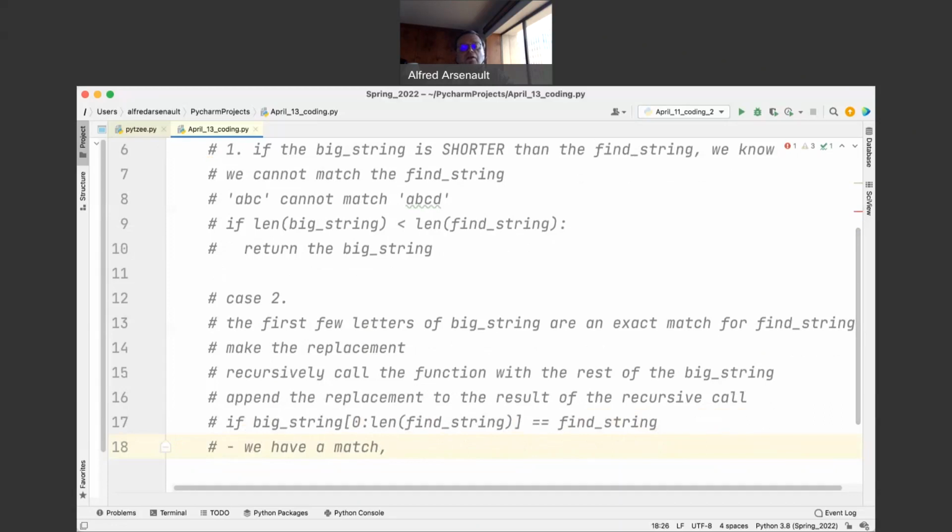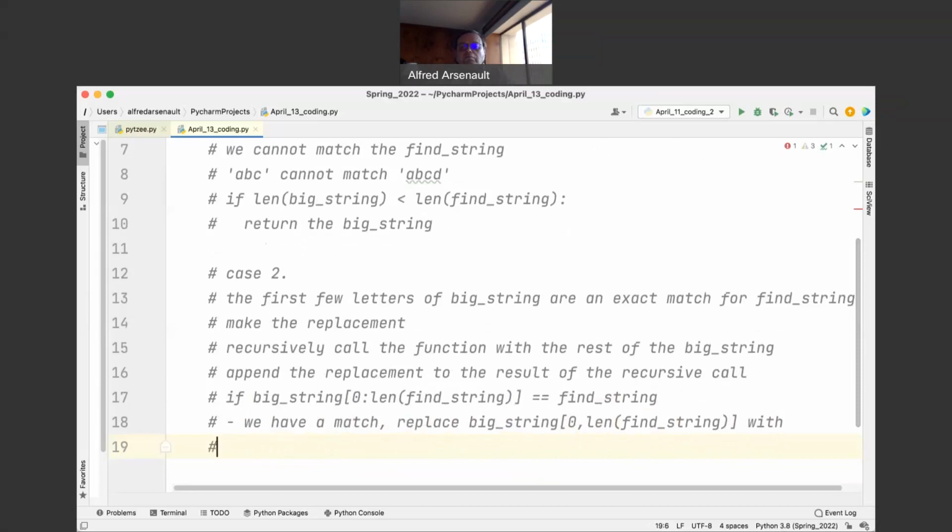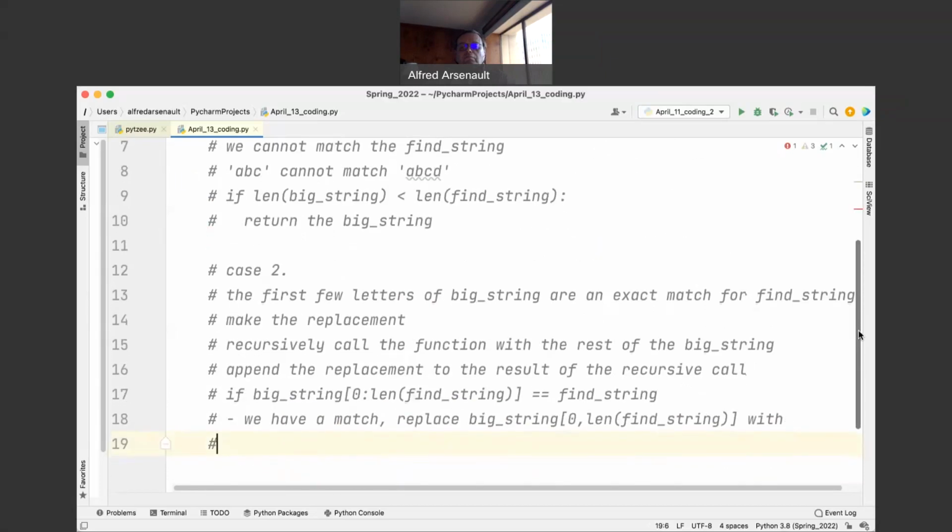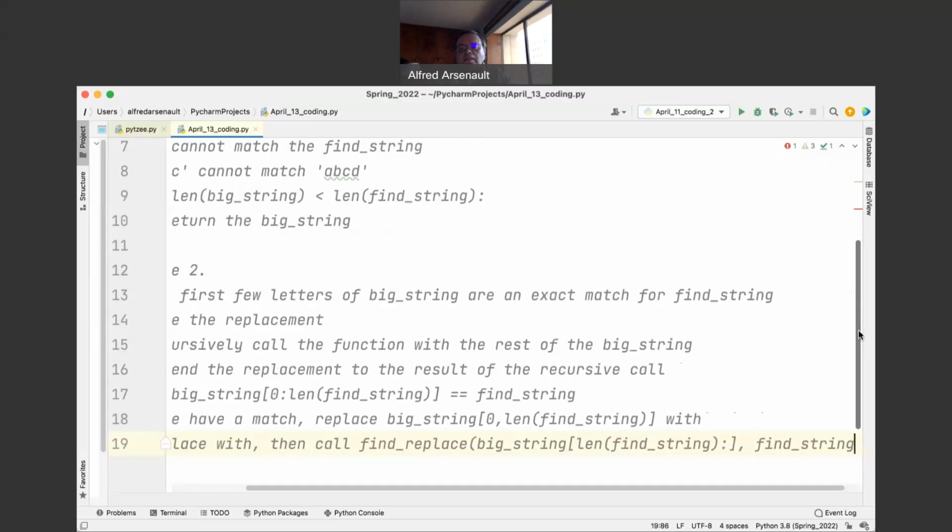Replace big string from 0 to length of find string with replace with, then call find replace with big string from length of find string to the end, find string, and replace with.